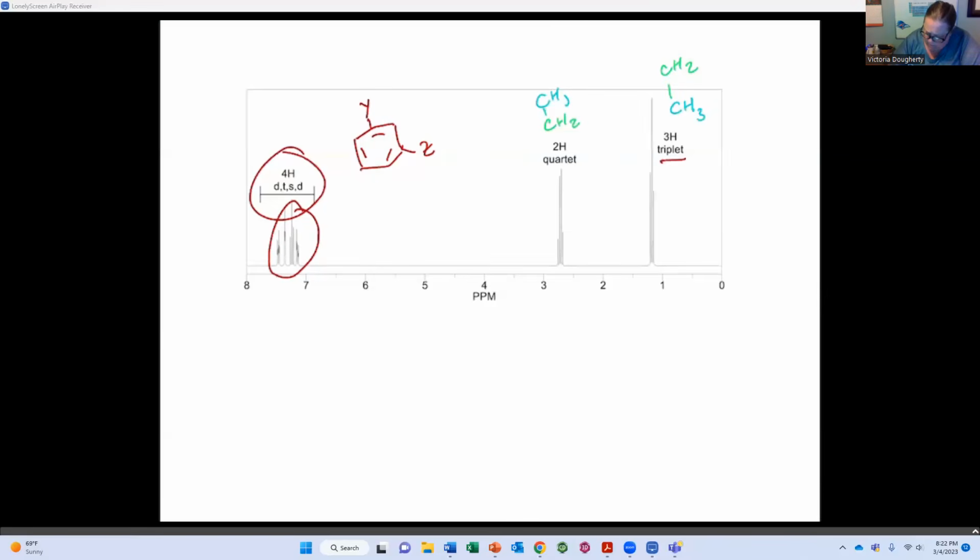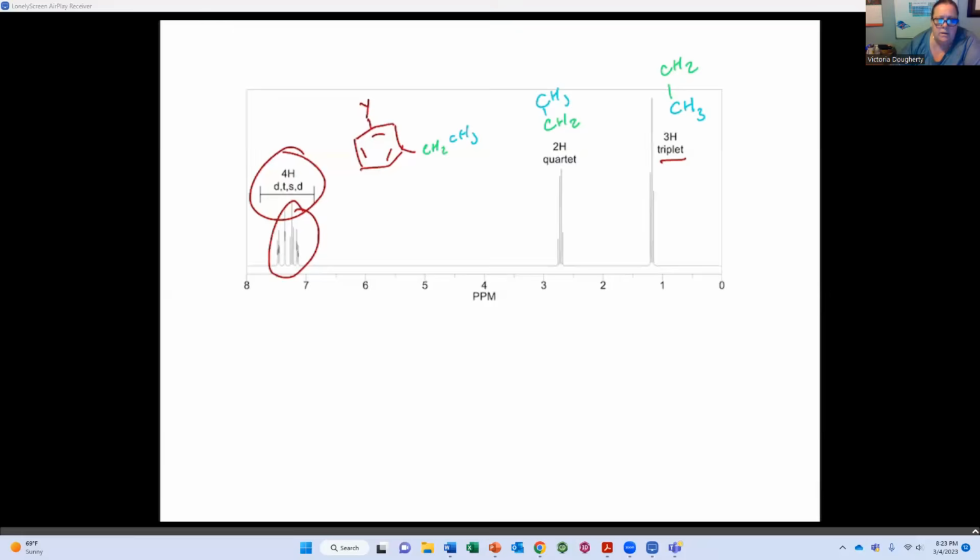So what I know is that this is probably an ethyl group coming off my ring. And something I used to do, now this is not a very complicated NMR.